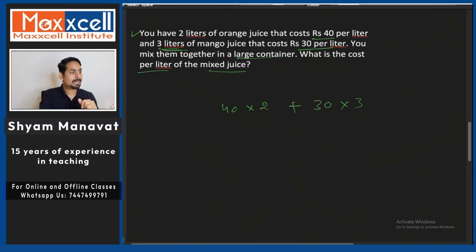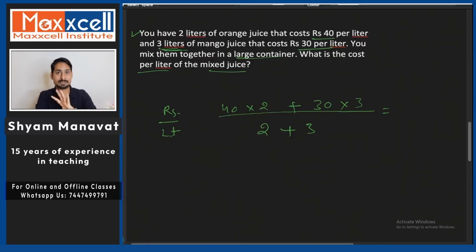And divide by the total quantity you have purchased, the total amount of liters. You got 2 liters of the first and 3 liters of the second. So if you take the total rupees you spend and divide by the total quantity of liters, you will get the value in rupees per liter at the end, right? I'm explaining this in different ways. Whichever way you find comfortable, pick that up.